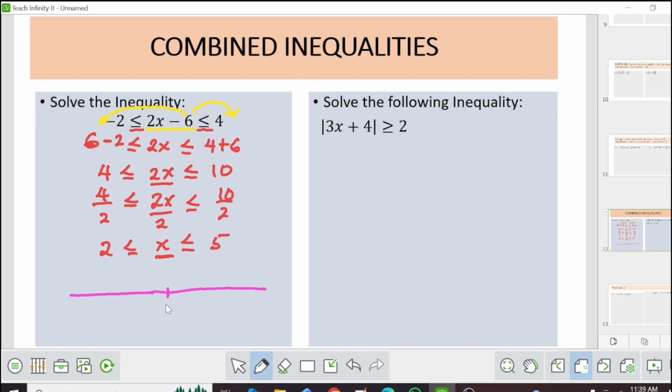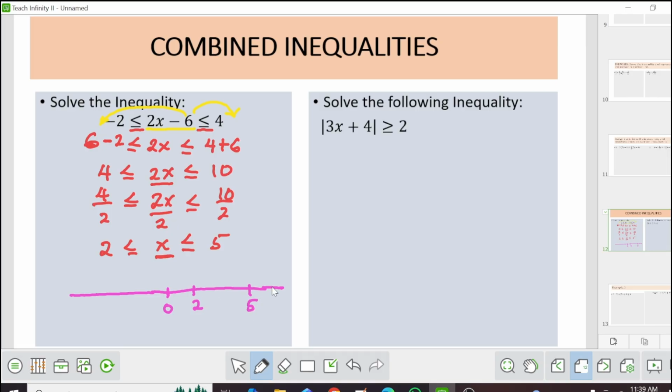This is 0, this is the positive side of the number line, and this is the negative side. Since the two numbers I have are both positive, let's assume 2 is here and 5 is here.